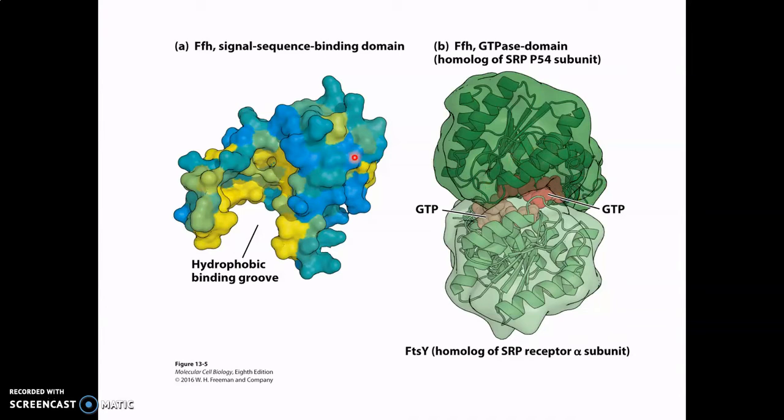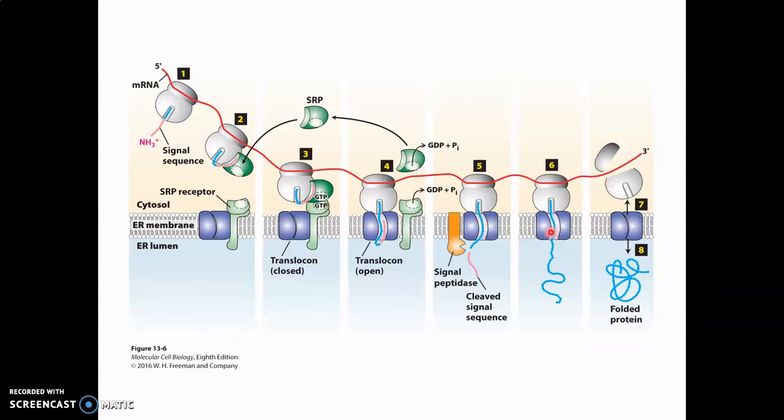Consequently, the SRP cannot bind the receptor, right? So as soon as it interacts with a hydrophobic region, the GTP binding site opens up, GTP binds, and then we have the ability of forming this conjunction. So here's an image of that.